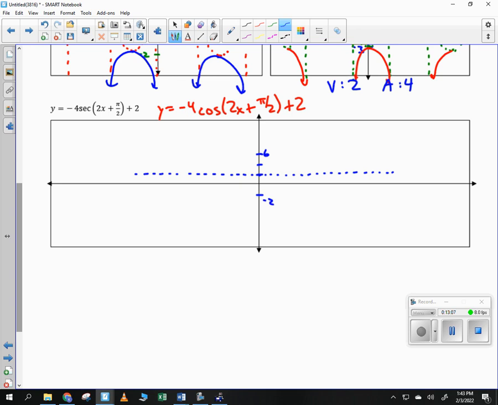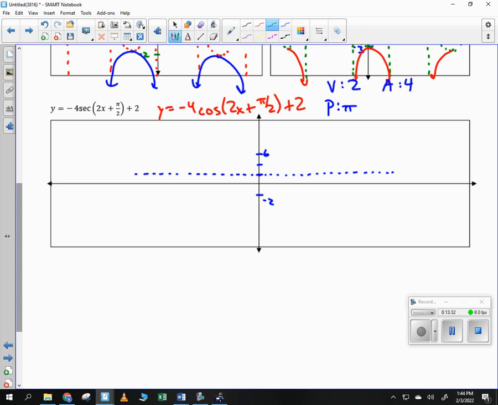-2. So from the center of 2, I go 4 up and 4 down. Great, I got those two pieces taken care of. I now move on to the period. What's the period going to be? Pi. Mark that out.